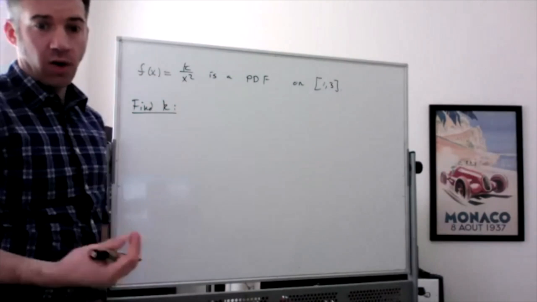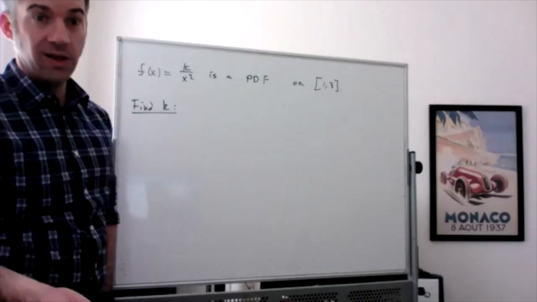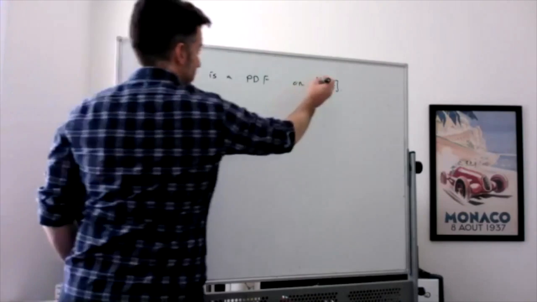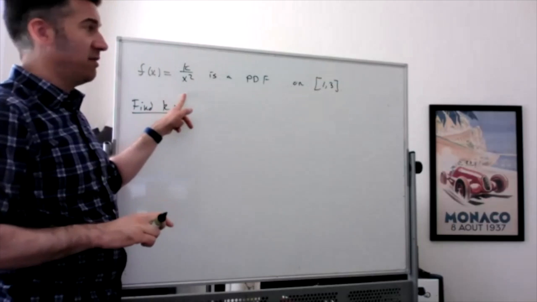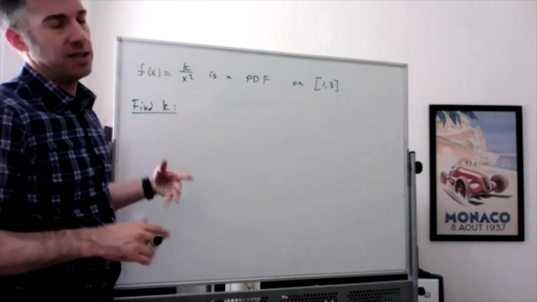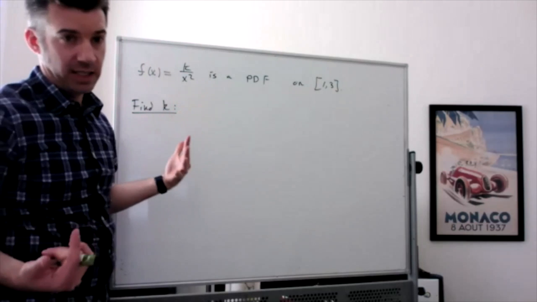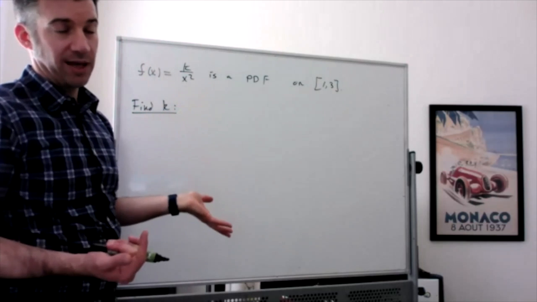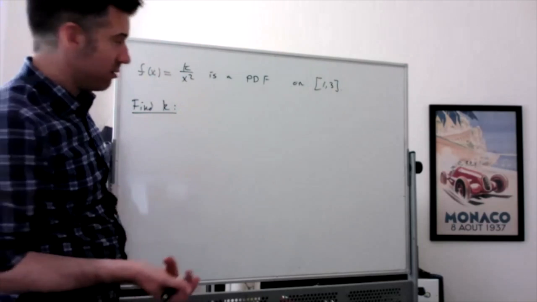All we're going to be doing is setting our integral over the whole entire interval equal to 1, because that's the requirement. Well, first I should check, is this function non-negative on that interval? Yes, as long as k is positive. We can make k whatever we want it to be, so we will obviously make k a positive number because it's going to have to be.